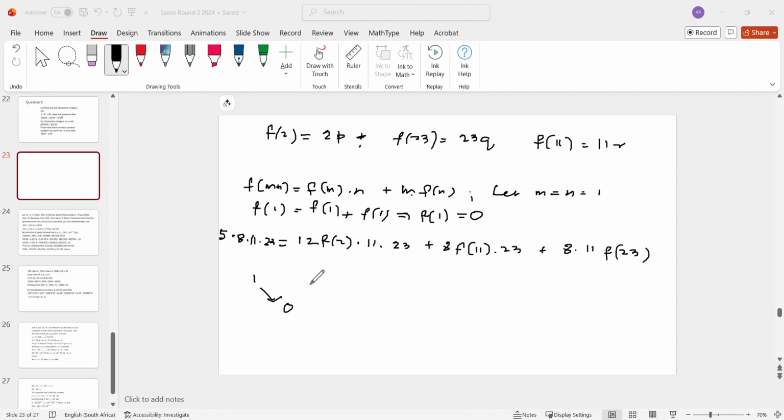Right. Now we want to prove that you can find two numbers, x and y, both going to the same thing.